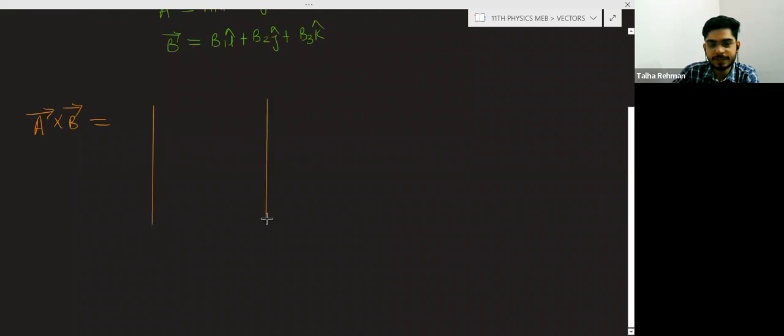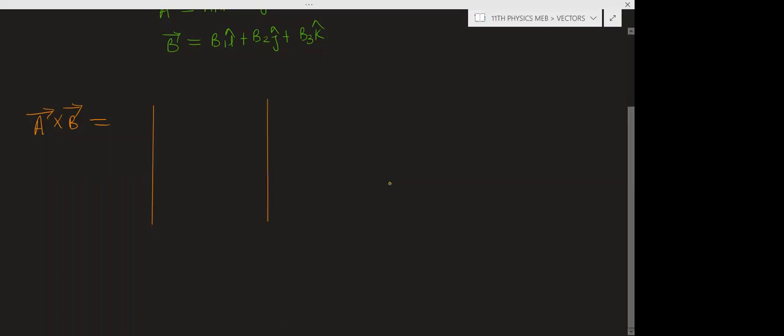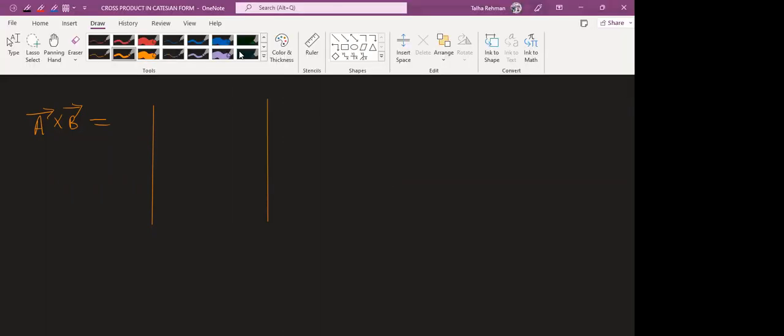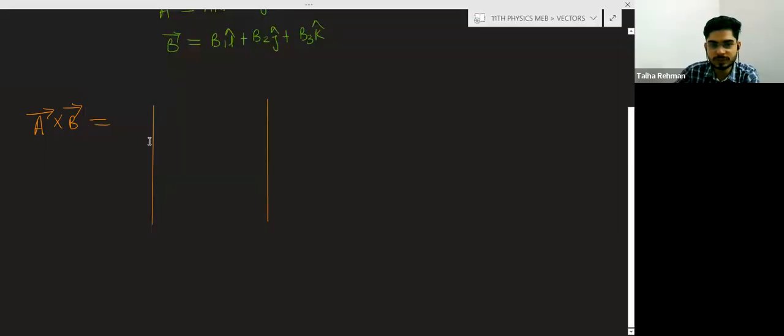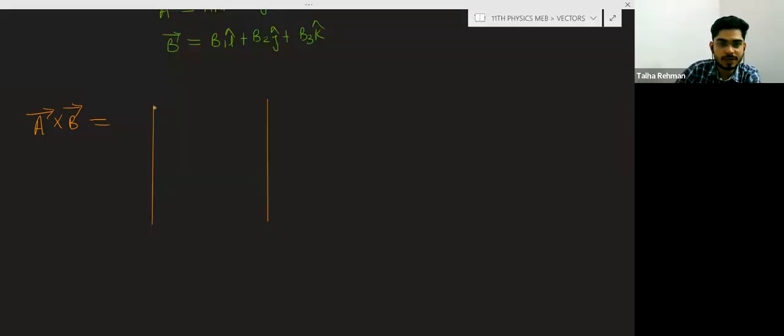This is the determinant. Do you have maths or some other subject apart from physics and chemistry? Biology. Okay, no problem. In 12th class maths there is a chapter on determinants and matrices.